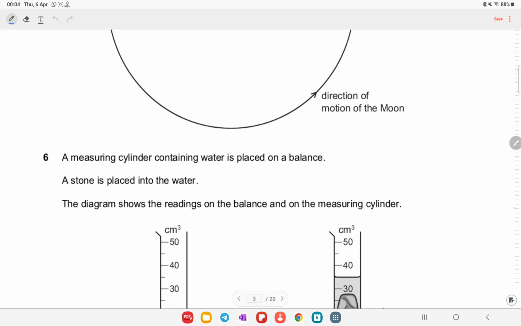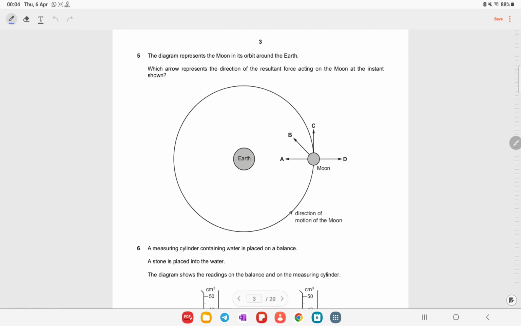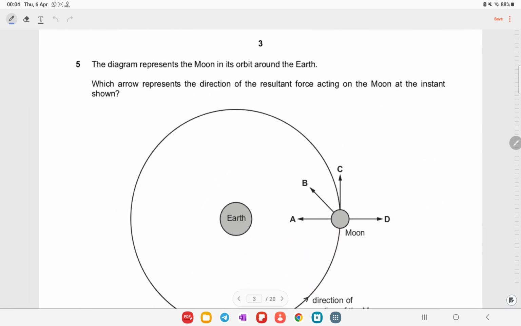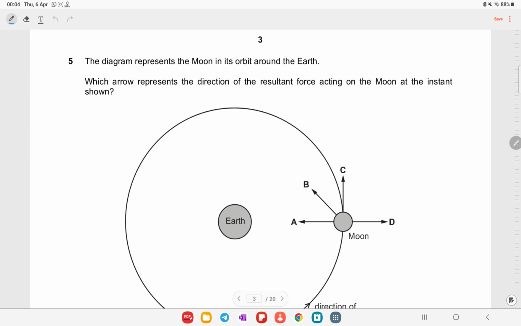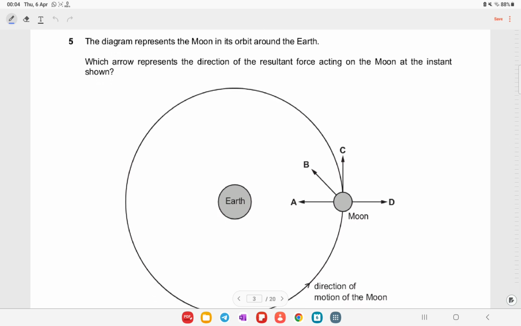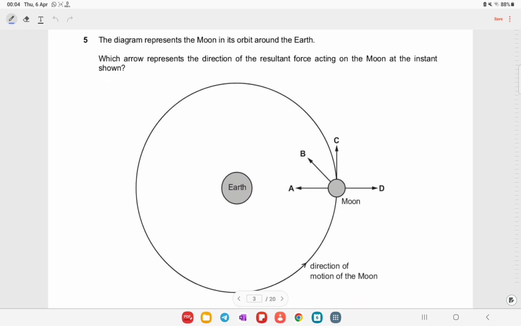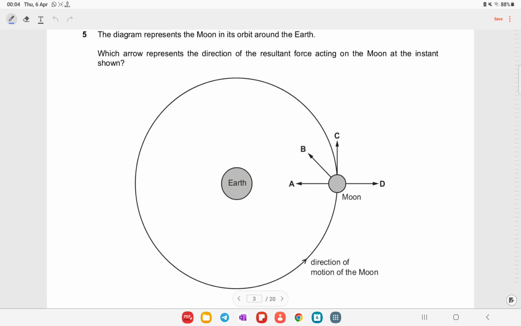Okay, there's another question. Let me zoom it in. The diagram represents the moon in orbit around the earth. Which arrow represents the direction of the resultant force acting on the moon at the instant shown? Okay, again, whenever some object is moving in a circular path, obviously the resultant force will be acting towards the center.